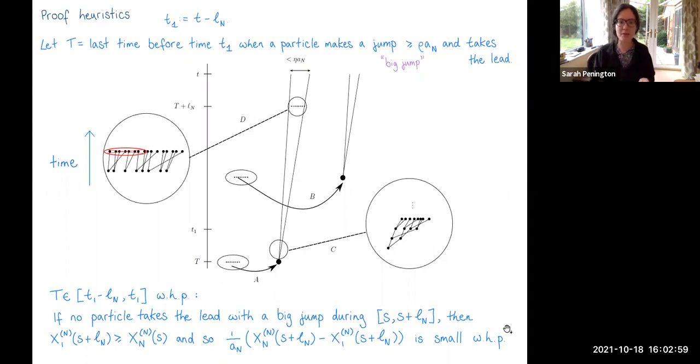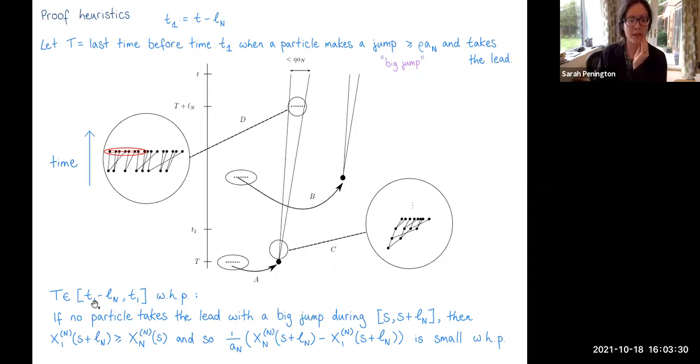And if the diameter is small on the an space scale, it's easy for a particle to take the lead with a big jump soon afterwards, because anywhere it is in the cloud of particles, as long as it makes a fairly big jump, it will take the lead. So it's very likely that a particle will take the lead with a big jump within a time interval of length 1 plus delta times ln.